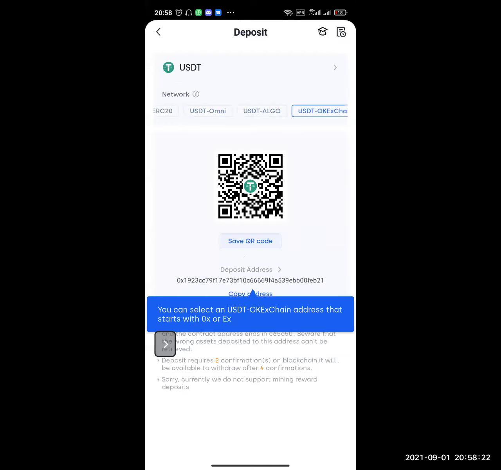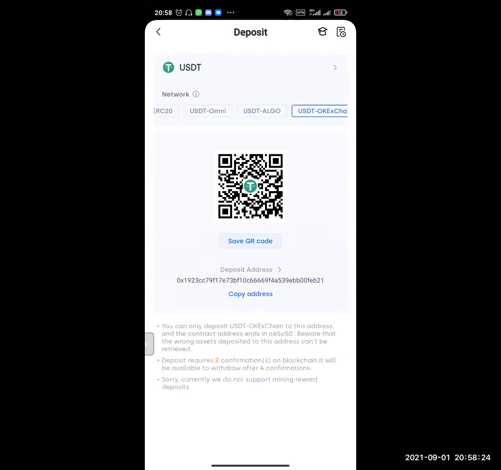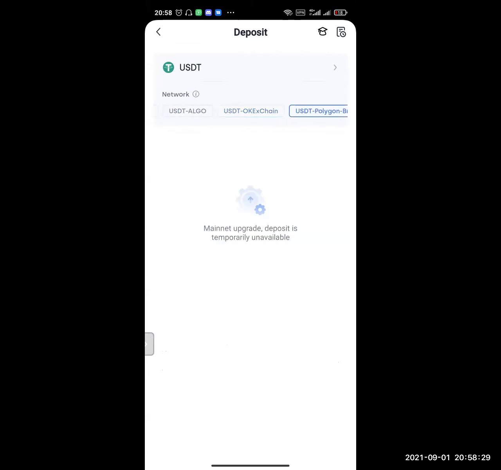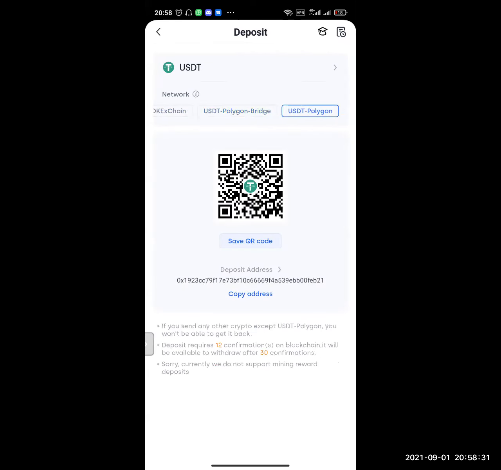If I switch it to OKEx chain, the address will be different. Some are disabled or under maintenance. So you make sure that you select the right network, whether you're withdrawing or depositing, and they must match. Because a network can never accept another network. It doesn't work that way.